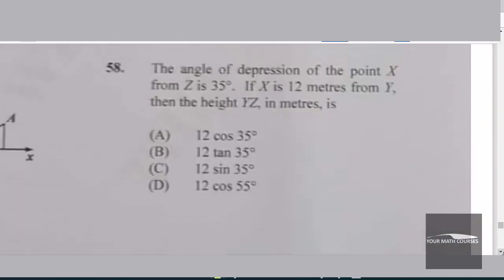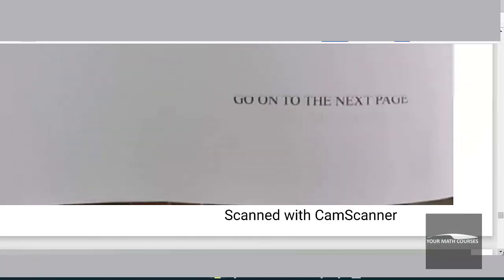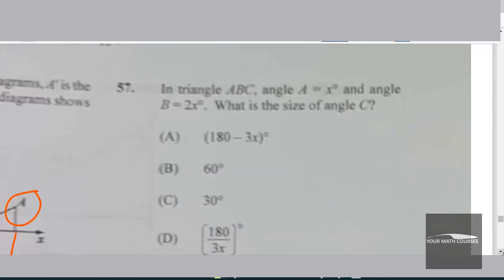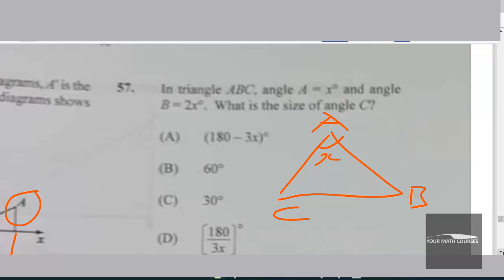Now let's look at item 57. In a triangle ABC, angle A is x, and angle B is 2x.